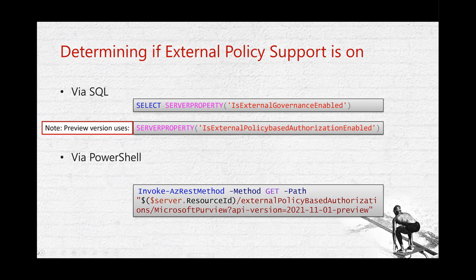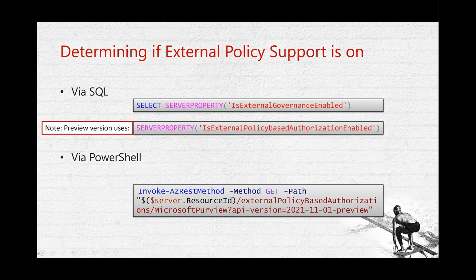In future it will be called is external governance enabled. So this is simply a property that will give you 1 or 0. A 1 is the result if, yes, your server is governed from Purview, meaning in addition to the SQL Server permissions, Purview policies are being pulled and used for policy evaluation.